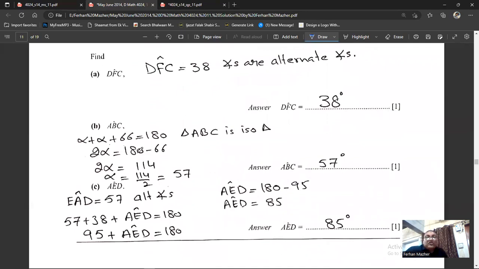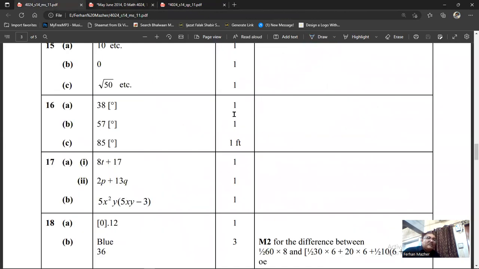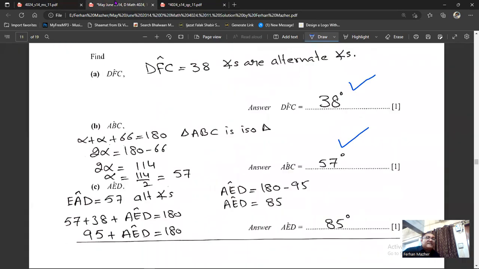So 2 alpha will be equals to 180 minus 66. So 2 alpha will be equals to 114. Alpha will be 114 divided by 2. That will be 57. So the ABC angle is 57. That's the right answer, sir.